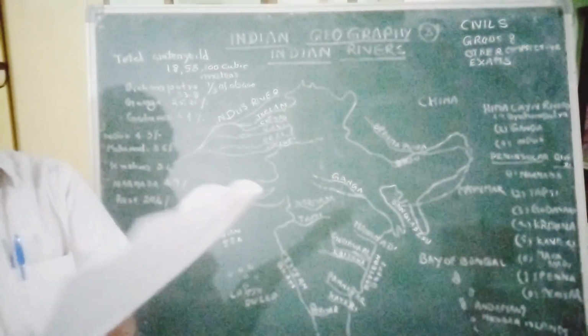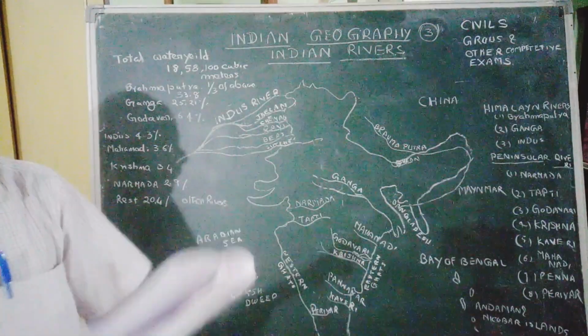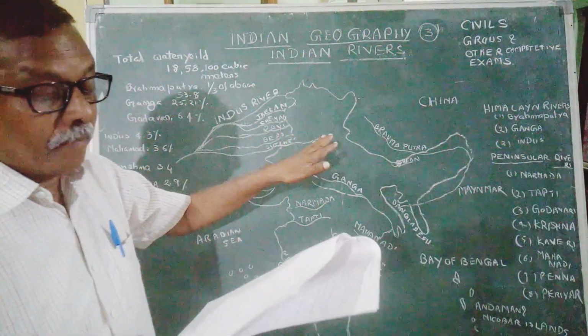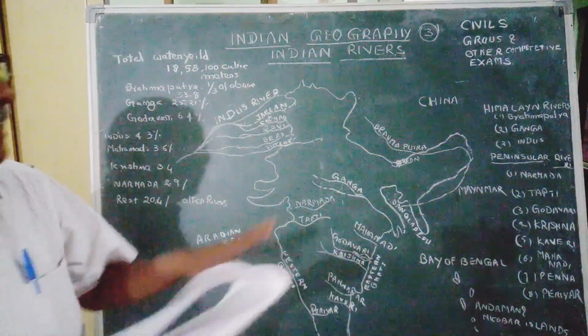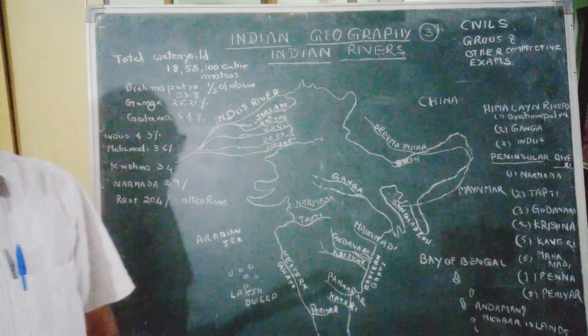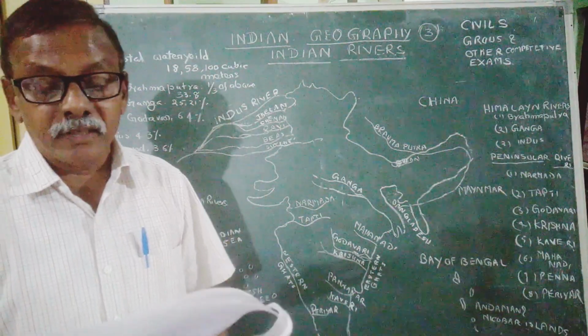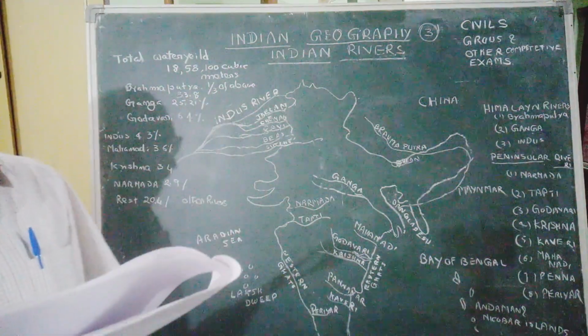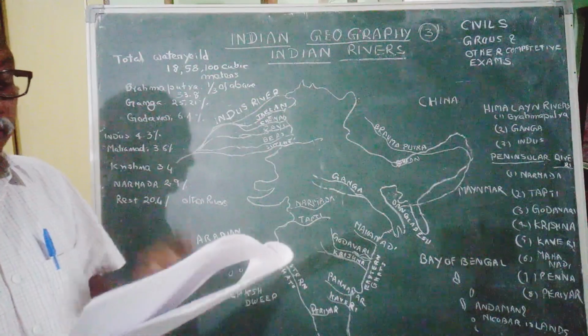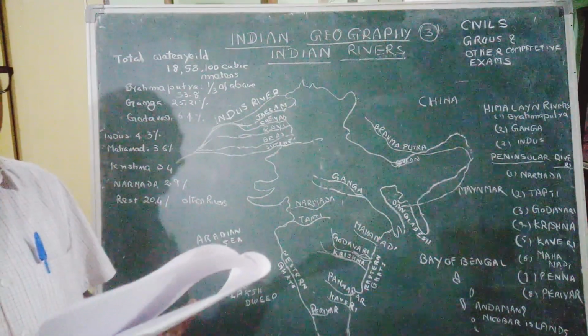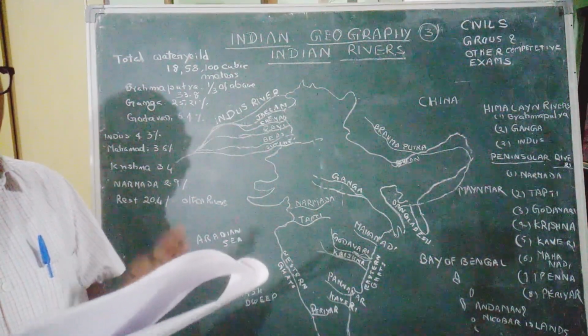The Godavari River rises in Maharashtra at a place called Nasik. It flows about 1465 kilometers with a catchment area of 3,12,812 square kilometers.